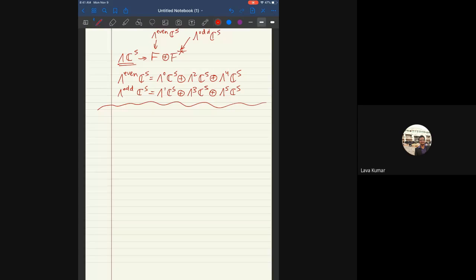Okay, so for SO10, we're going to go one step further. So you see here with SU5, we managed to get all of the fermions in the standard model into a single object, lambda C5.